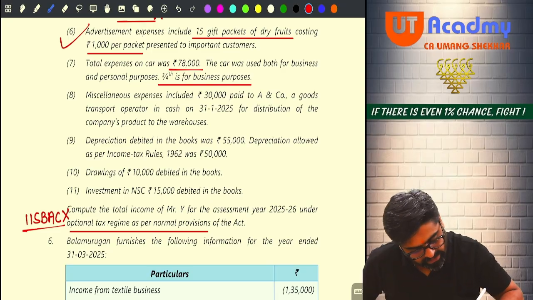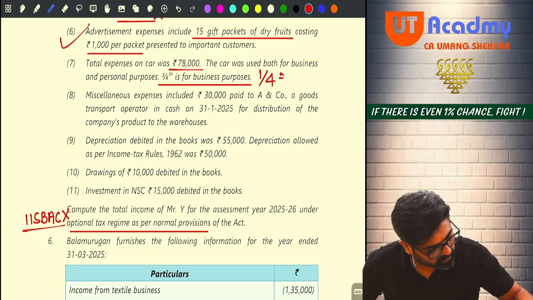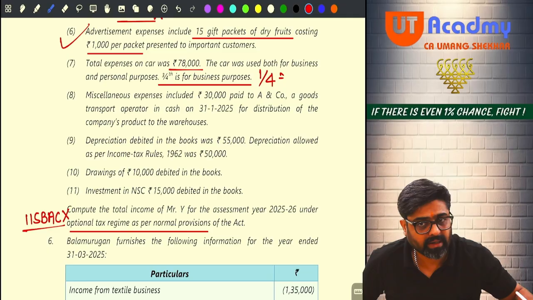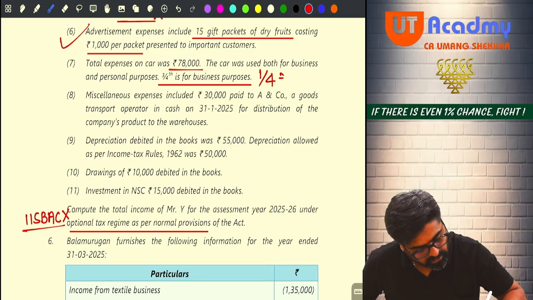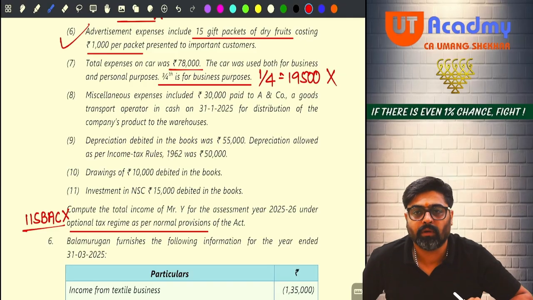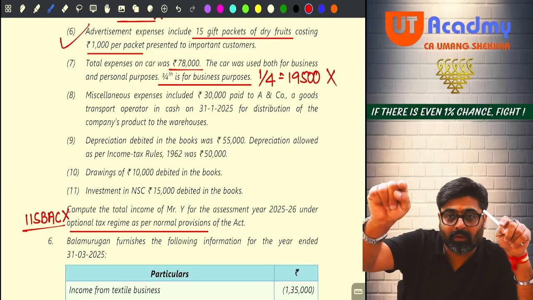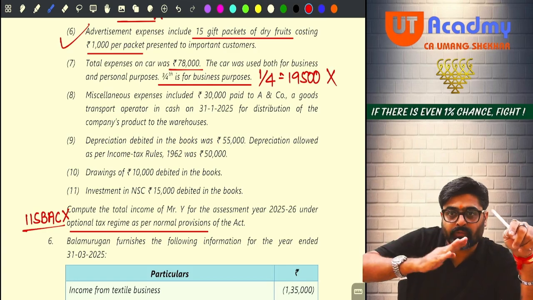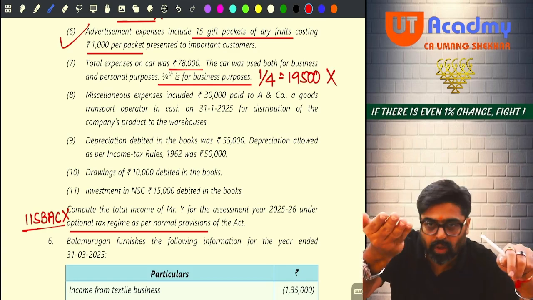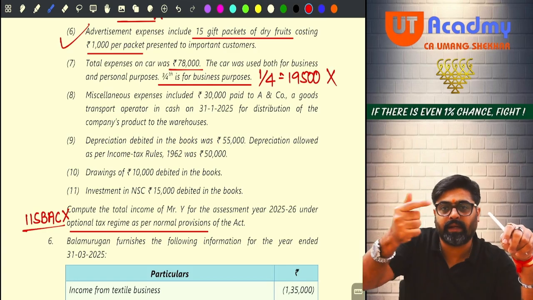So 78,000 into 1/4 will be how much? Wait, I am calculating. 19,500. So 19,500 should be allowed or should not be allowed? Should not be allowed. So whatever profit you have calculated, in that profit, this 19,500 should also be added. Add this 19,500.